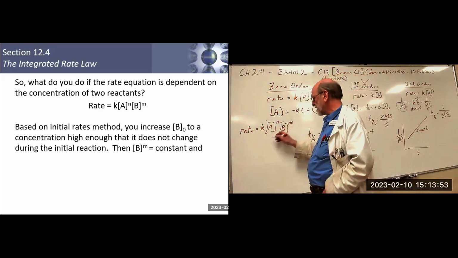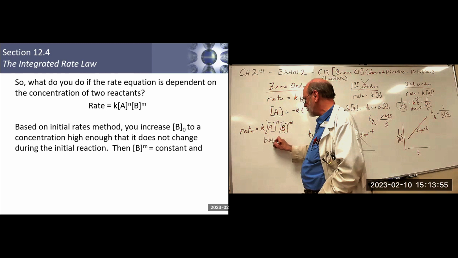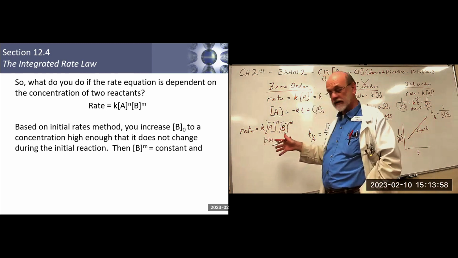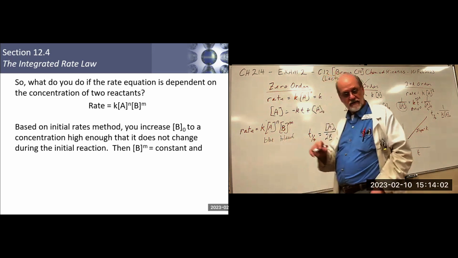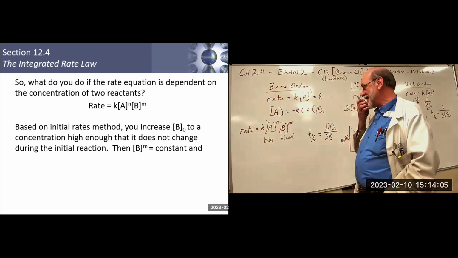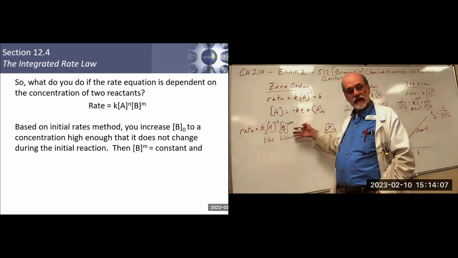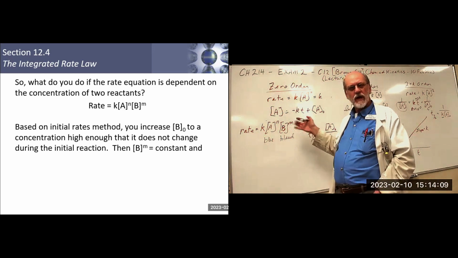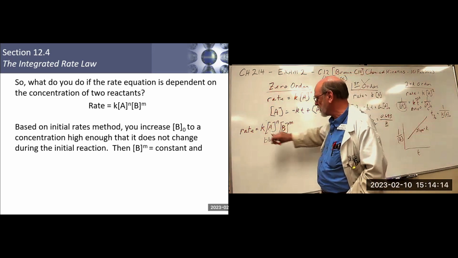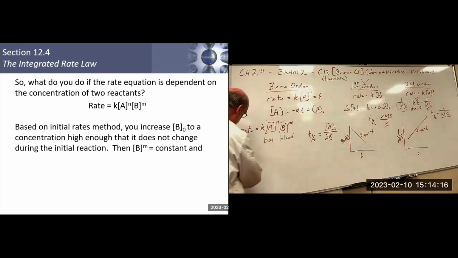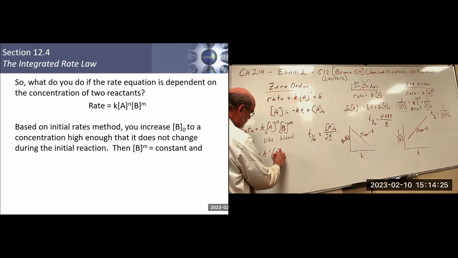We start off with a blue dye, food coloring. Then our other component is the concentration of bleach, sodium hypochlorite. We increase this value so high that we can ignore it. Well, we don't actually ignore it. What we do is combine this concentration term into this constant, and now the rate becomes what we call a pseudo rate constant, K prime, times A to the power.